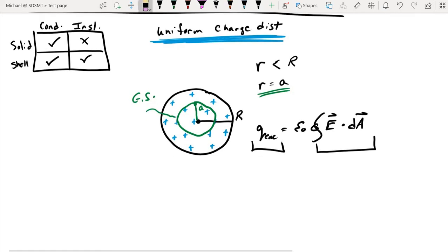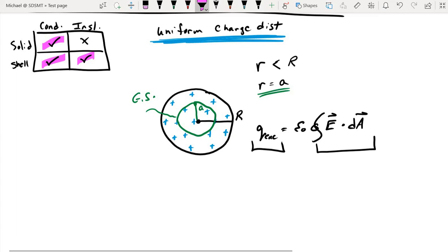Okay, well, everything outside of that container is basically not going to contribute to the problem. And we've seen that with the other three case scenarios. If I did not have charge inside of my Gaussian surface, then it does not contribute.